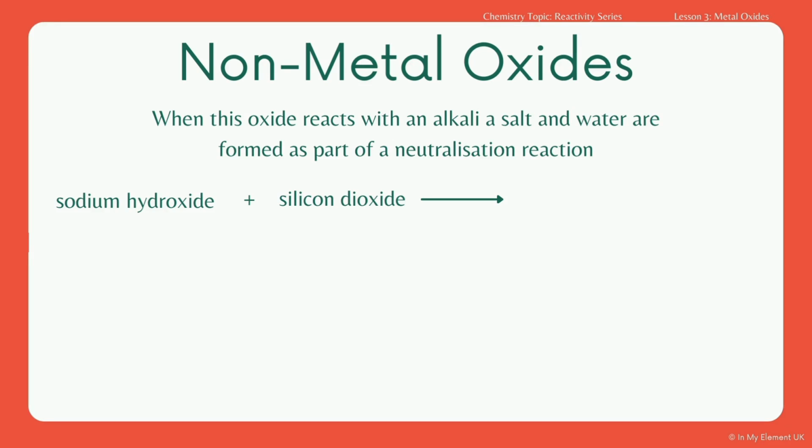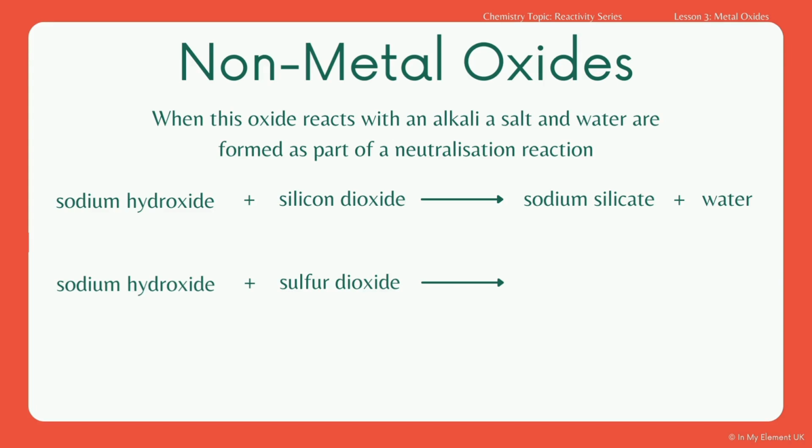It is a neutralisation reaction because sodium hydroxide is alkaline, silicon dioxide is acidic, and they react together to form sodium silicate, that's the salt, and water. So you can see that the sodium has formed a compound with the silicon to form sodium silicate.